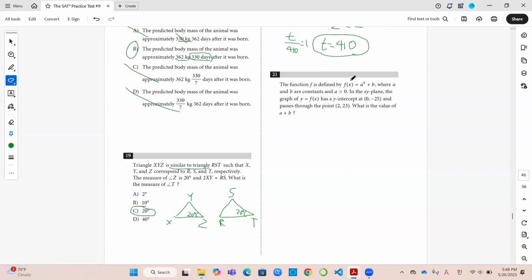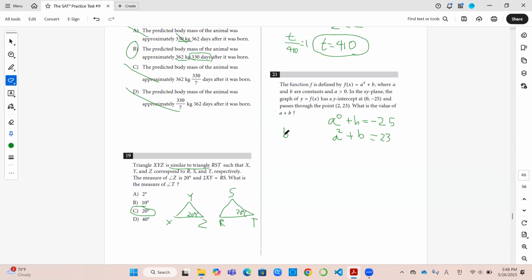Okay, so I'll go ahead and put this here. a to the power of 0 plus b is equal to minus 25. And I'm also going to put a squared plus b is equal to 23.